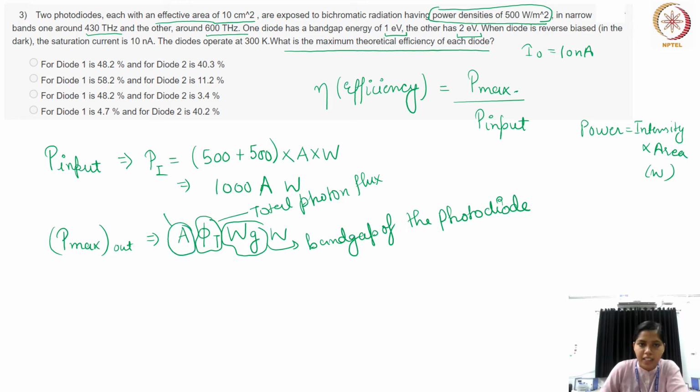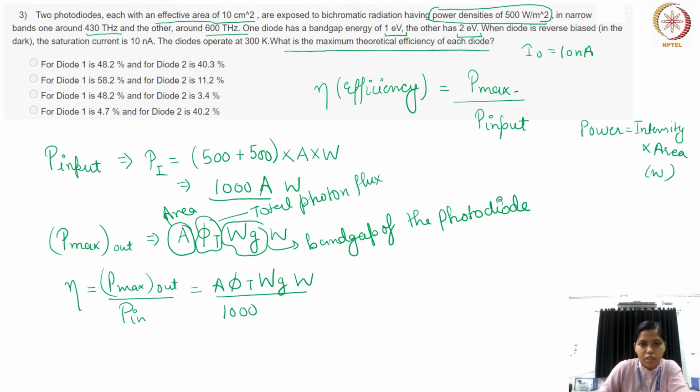A is representing here the area. So from here we can calculate the efficiency, that is your P max output divided by P input. That will give me A multiplied by phi t Wg, divided by the intensity, that is my 1000, multiplied by A watt.